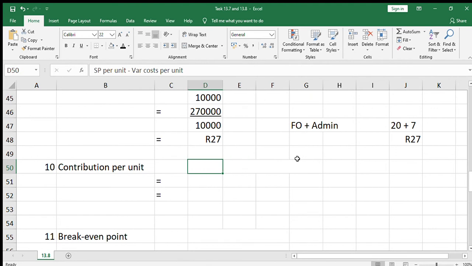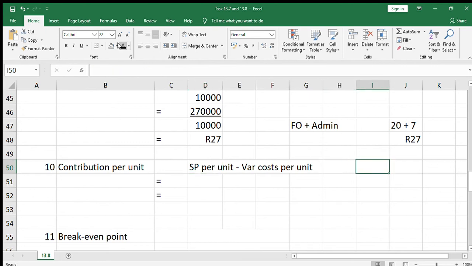Now contribution per unit is the selling price per unit minus the variable costs per unit. Remember that variable costs per unit are direct material, direct labor, selling and distribution. I know I keep saying this, but you really need to just remember it.